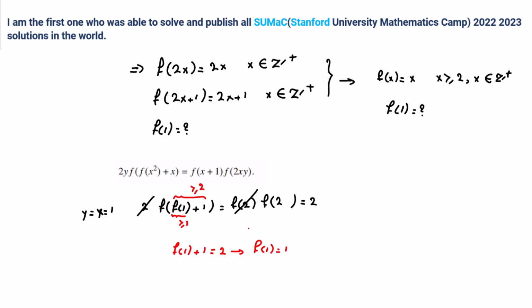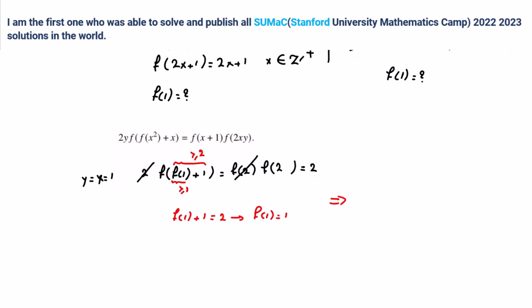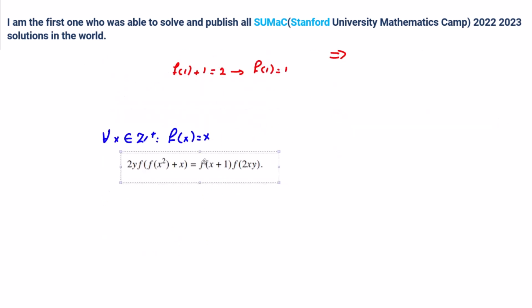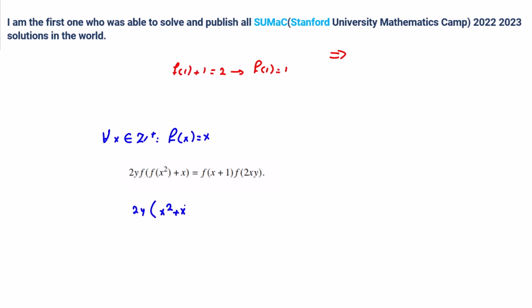Okay, so we proved then for all x in positive integers, f(x) is x, right? When you reach this one, again check, okay? You should always check your last answer. So it would be 2y times x squared plus x.